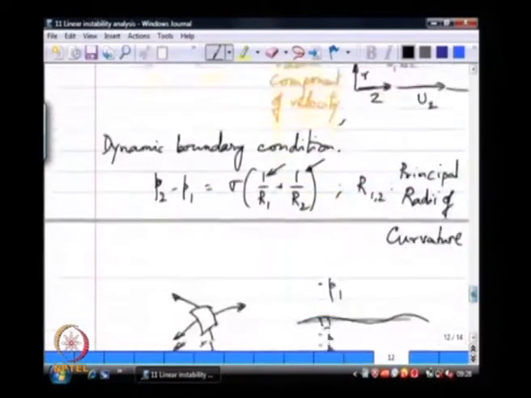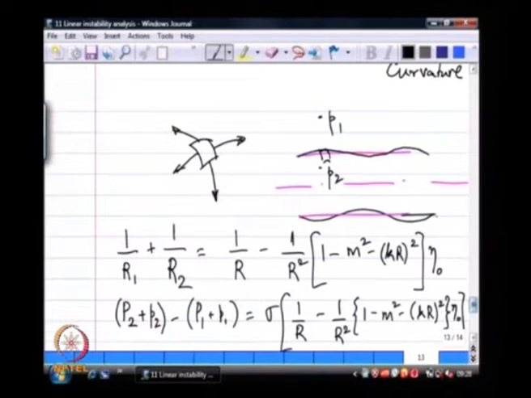All we are saying is that at this meniscus, the pressure field just inside and the pressure field just outside, on an infinitesimal piece of the interface, balance out while including surface tension force. That is the physical meaning of this dynamic boundary condition.